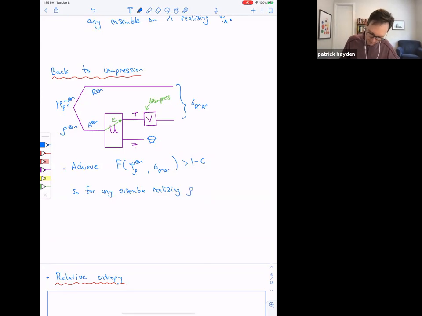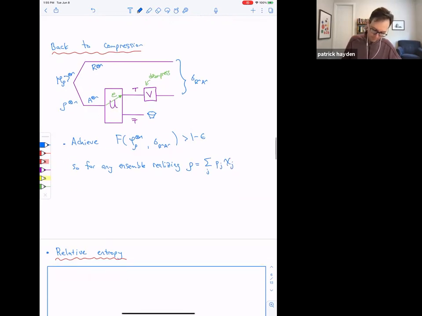So if I decompose rho as some sum over j, p_j chi_j, then by the discussion we just finished above, the fidelity on average between the chi_j's and the compressed and decompressed chi_j's is going to be larger than 1 minus epsilon.